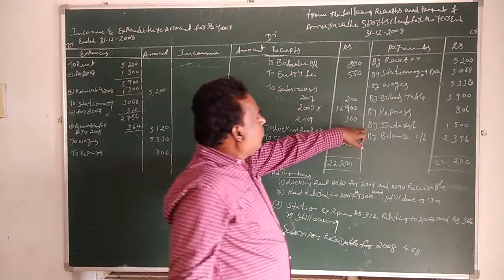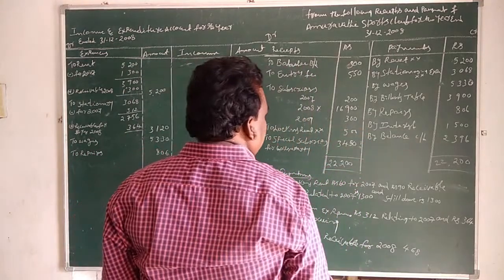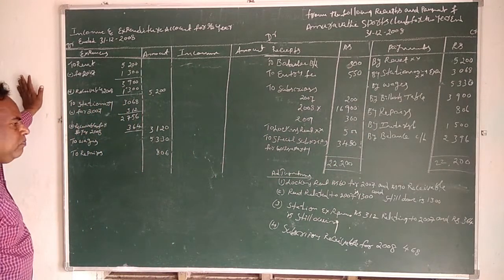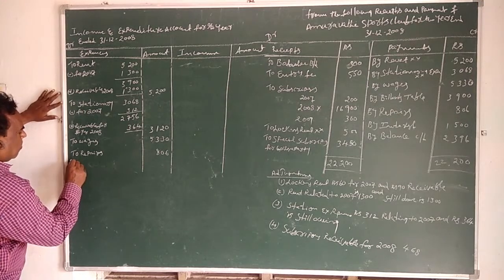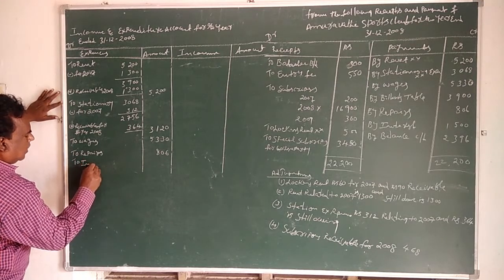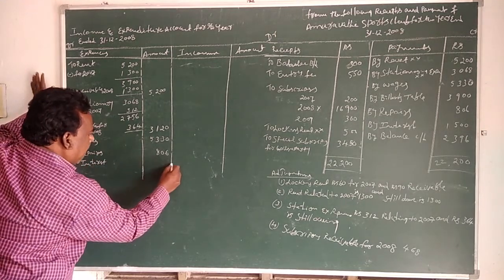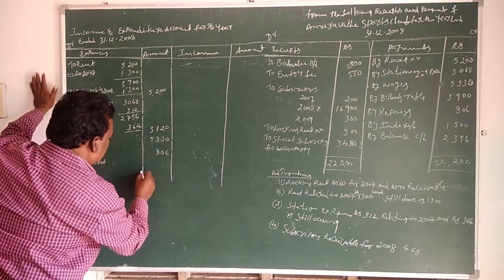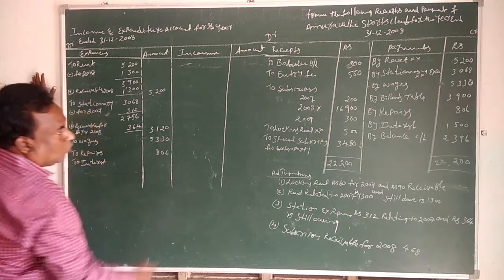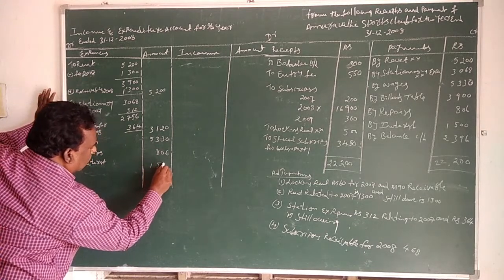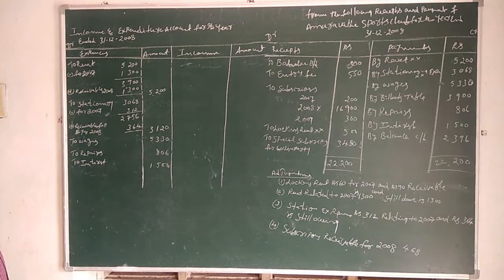Next, interest payment 1,500. These are the nature of expenses for the year 2008.